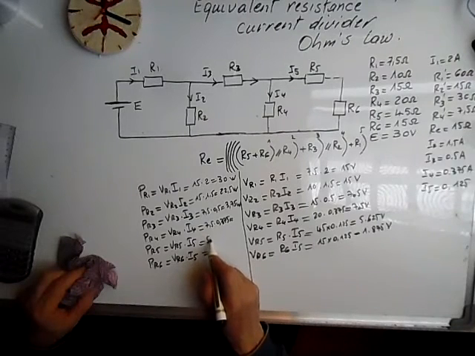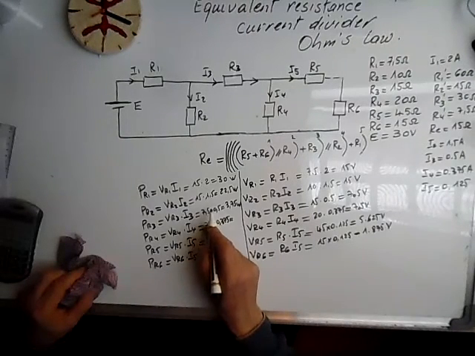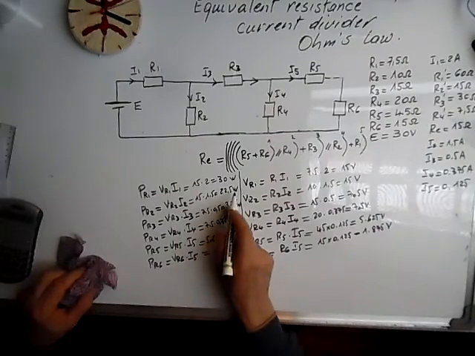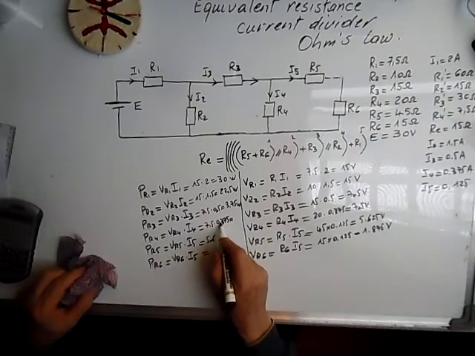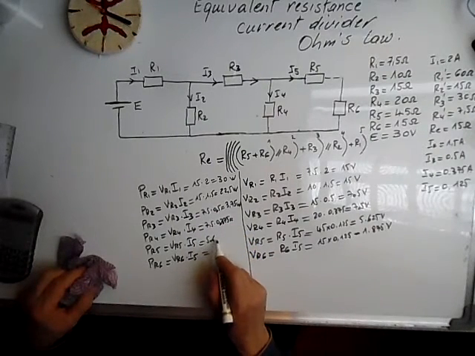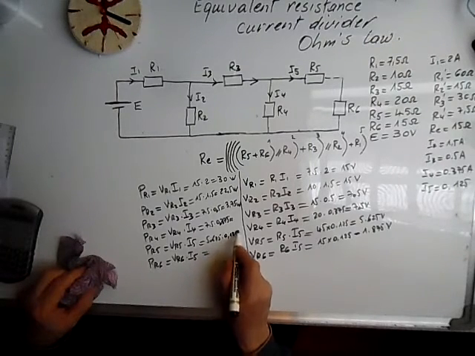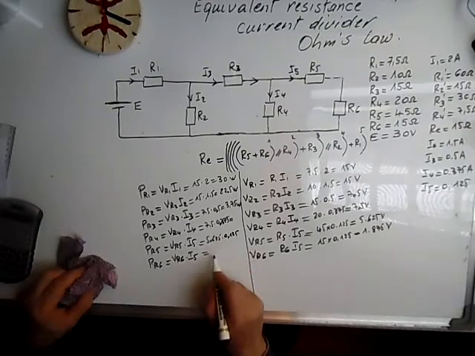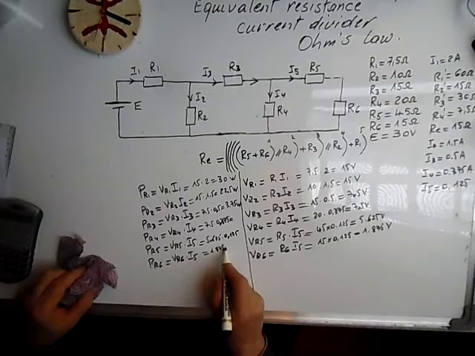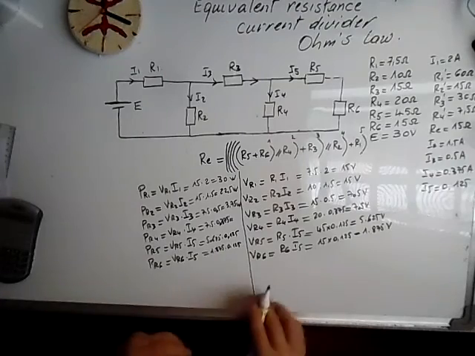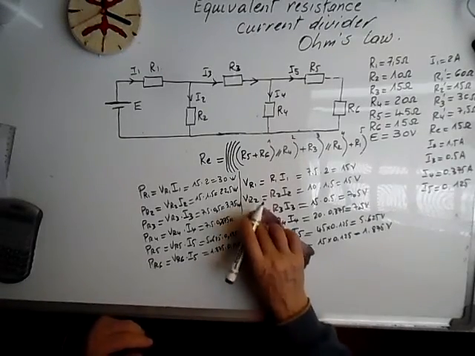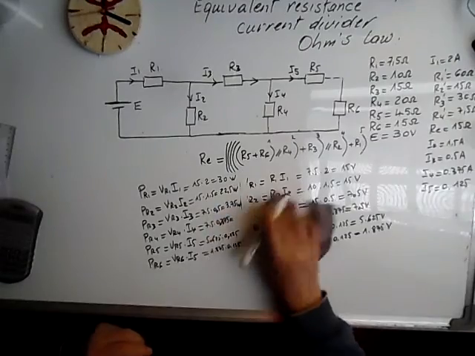VR5, 5.625 times I5, I5 is 0.125, and here it's VR6, 1.875 times 0.125. I will write the results of this.